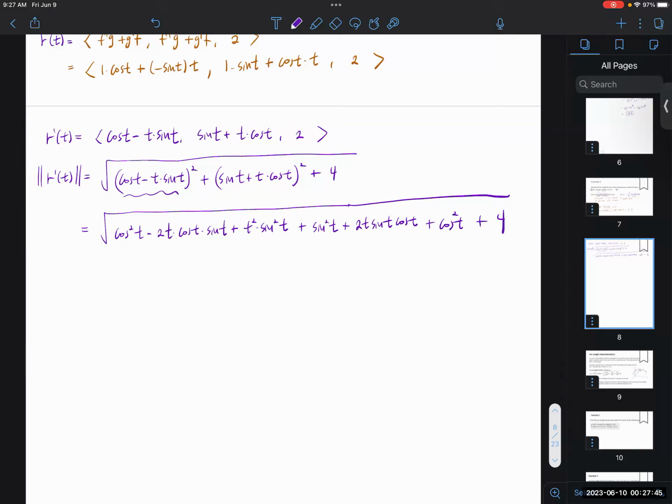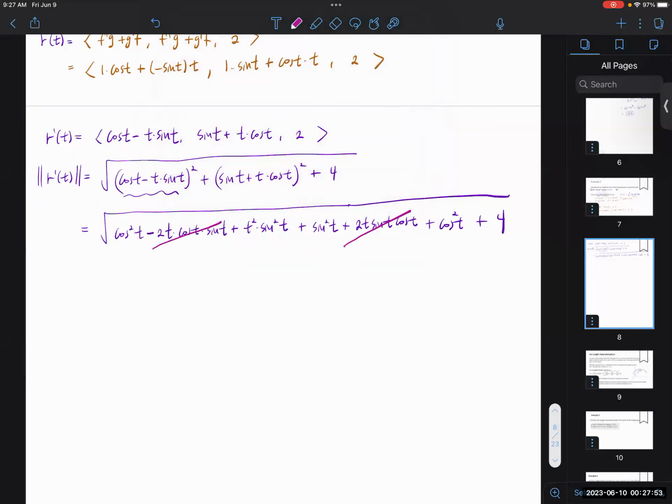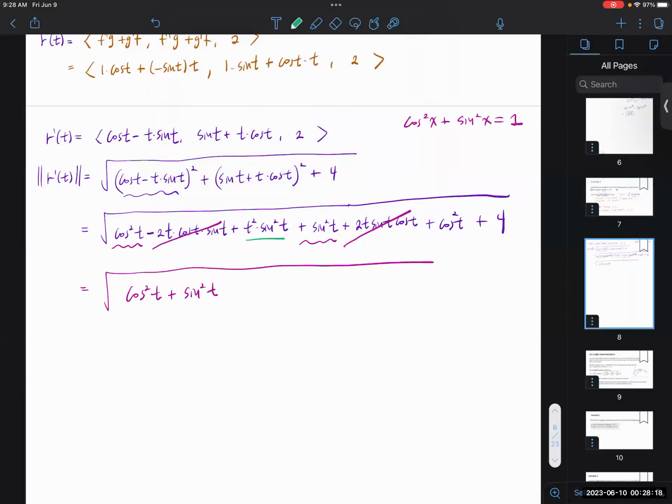So I just expanded everything. And then the minus 2t and plus 2t terms cancel, bye-bye, plus minus is 0. And I can combine cosine squared t plus sine squared t. We know cosine squared x plus sine squared x is always 1. So you can rewrite it, and another one here, I can combine t squared.